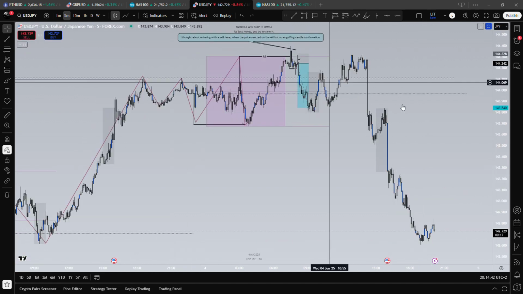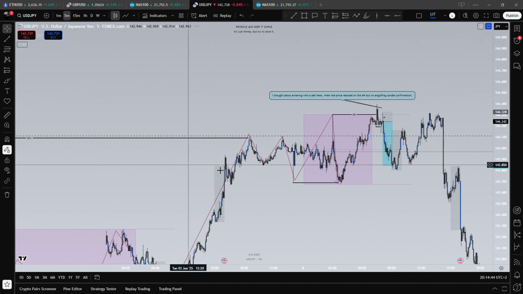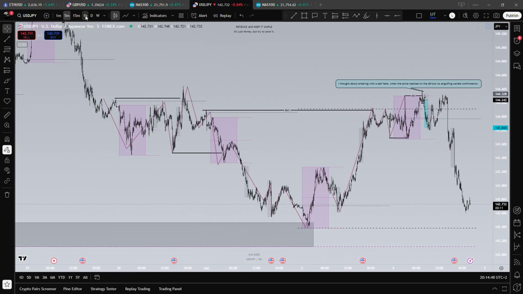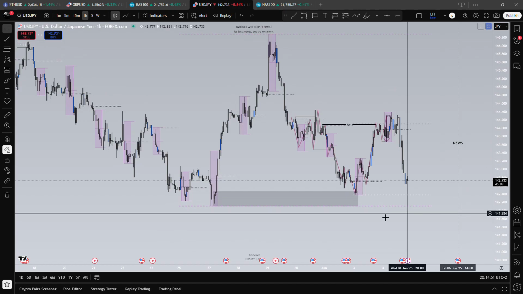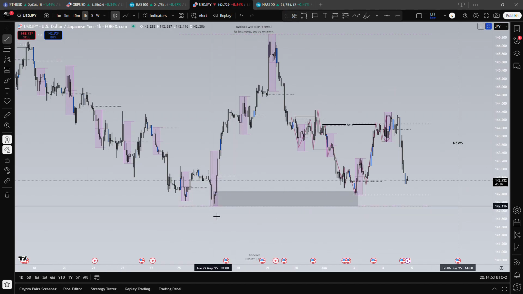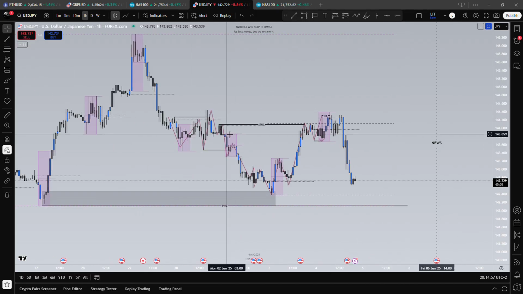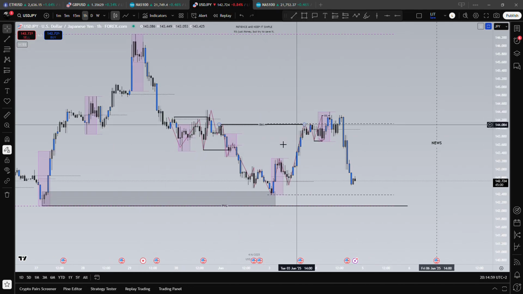USD JPY. This was the first trade that I was going to take this morning. Why? Because for me, we have here the previous weekly low. We are in a downtrend. It took this round liquidity on H1 here.